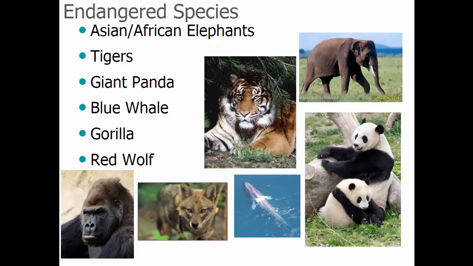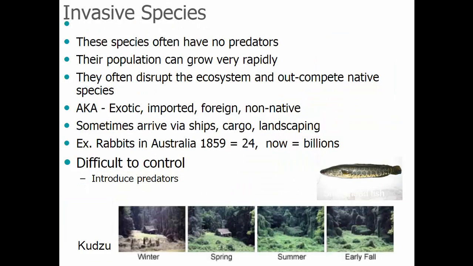Things like small amphibians and reptiles and fungi that are maybe not as photogenic as a tiger or a gorilla, but the extinction of those species has just as much of an effect on the ecosystem as these big organisms that we might be more familiar with.